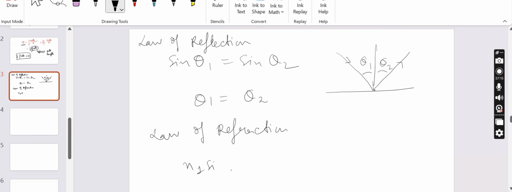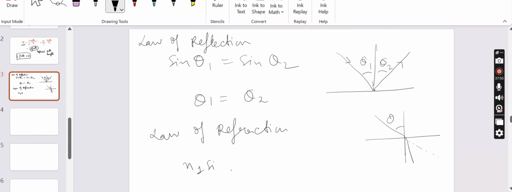the reflected ray is in the same medium as the incident ray. But in refraction, light basically falls on the surface and it goes away from the normal, or it comes near to the normal in the other medium.